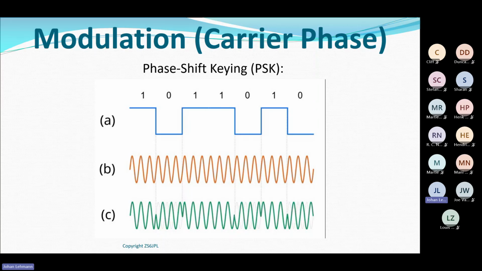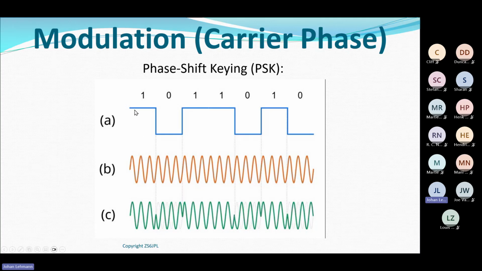Then the last one in this batch, we're changing the carrier's phase. Difficult one to grasp, but let's try. Again, I've got information represented by true values and not true values, or zeros and ones in this case, and I need to transfer that information from, for example, my computer to somebody else's computer. What they do is use phase shift keying.